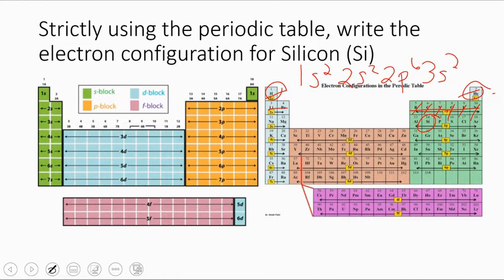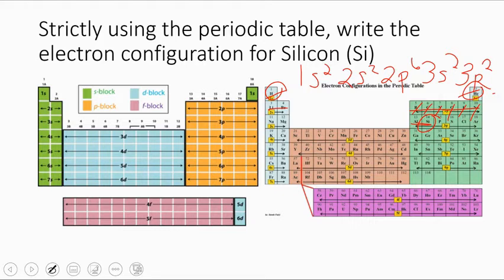And then I have 3p2. Okay, so my electron configuration for silicon is 1s2, 2s2, 2p6, 3s2, 3p2.